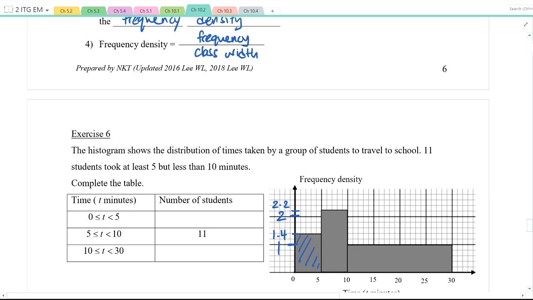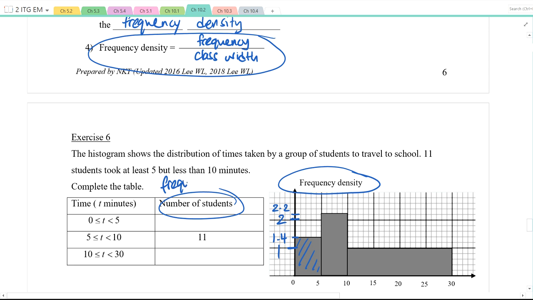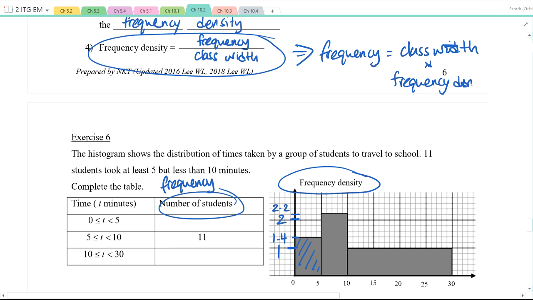Okay, so let's go back to our frequency density formula. If the frequency density, which is our vertical axis now, is given by frequency divided by class width, then the number of students, also known as the frequency, must be equal to class width multiplied by the frequency density.